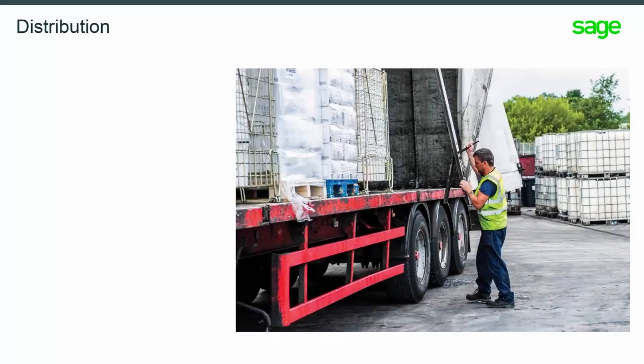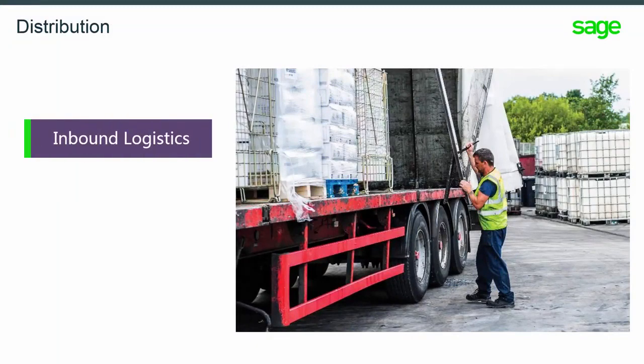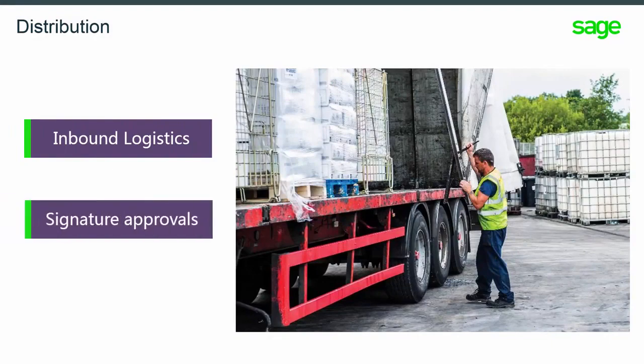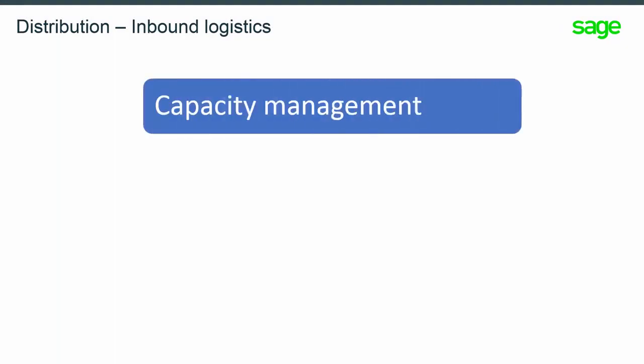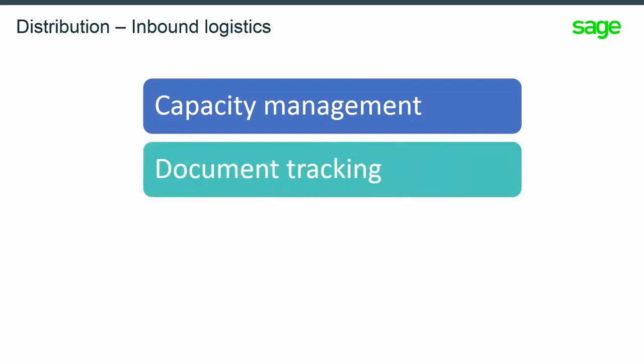There are many improvements that are made to distribution as well, including inbound logistics and signature approvals. In the area of inbound logistics, there are new fields to help purchasing fill containers and shipments to maximum capacity. There's document tracking, which has been added to shipment and transport to provide flexibility and visibility.